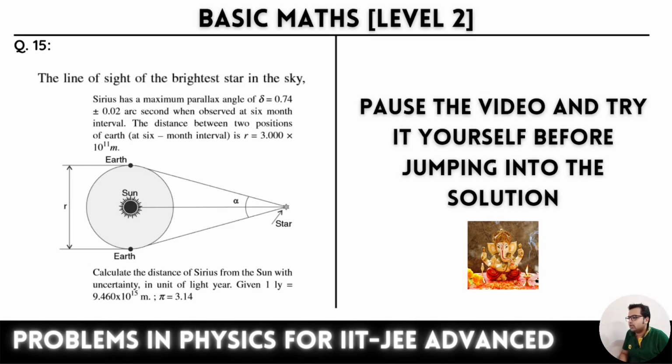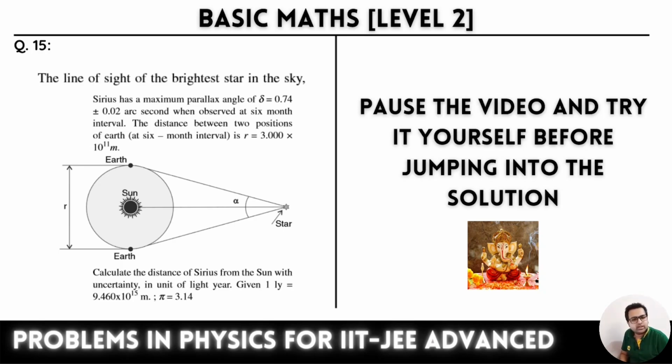This angle is given when observed at a 6-month interval. The distance between two positions of the Earth at a 6 month interval is 3 into 10 to the power of 11 meter. Calculate the distance of Sirius from the Sun with uncertainty in unit of light year.